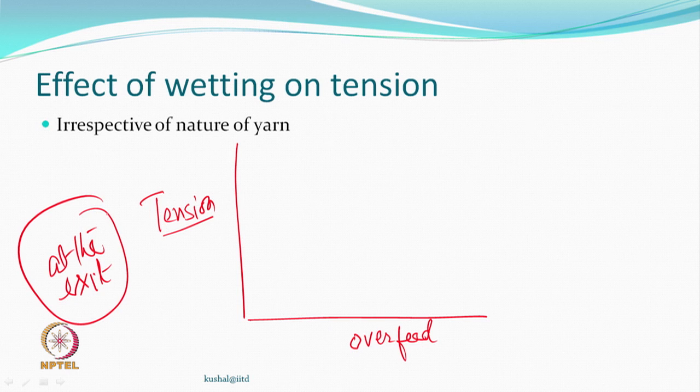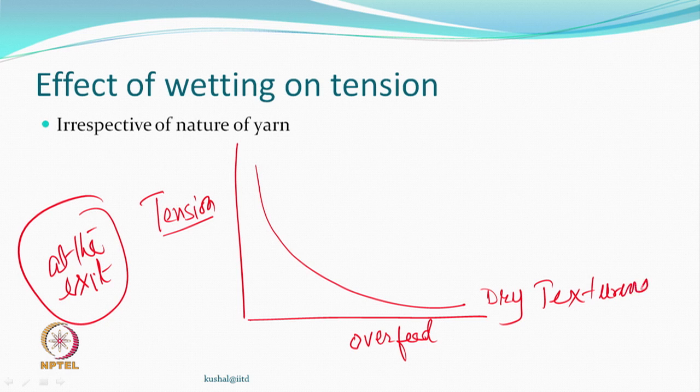So, if you plot this, you get a curve like this. In the case of dry texturing, when you wet and do the experiment, people found you get a similar curve, but the tension was more; there was a tension difference.